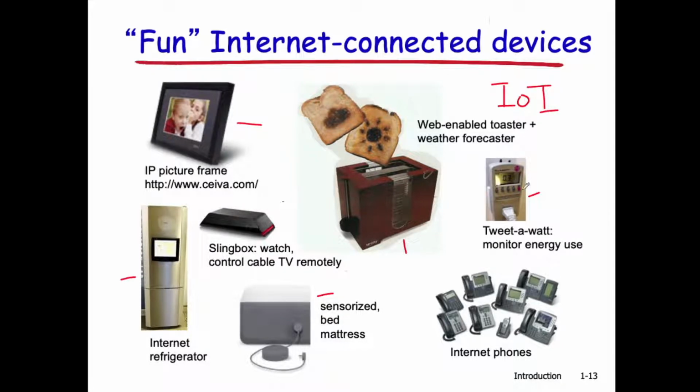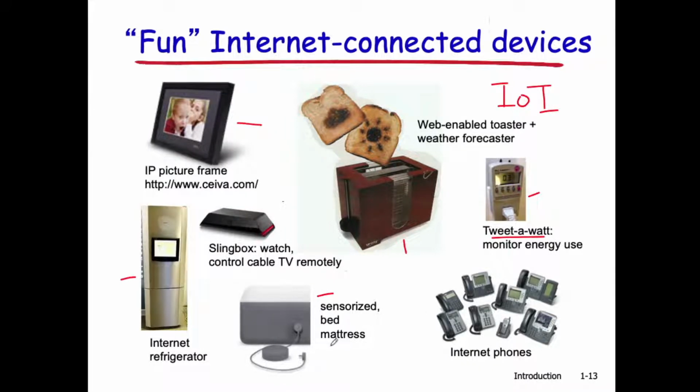For example, Twit-a-Watt is a smart meter that connects to the internet, and it can take the reading and go on Twitter and tweet the reading itself. You can imagine that power suppliers can just take the readings from Twitter without taking a trip to your home.